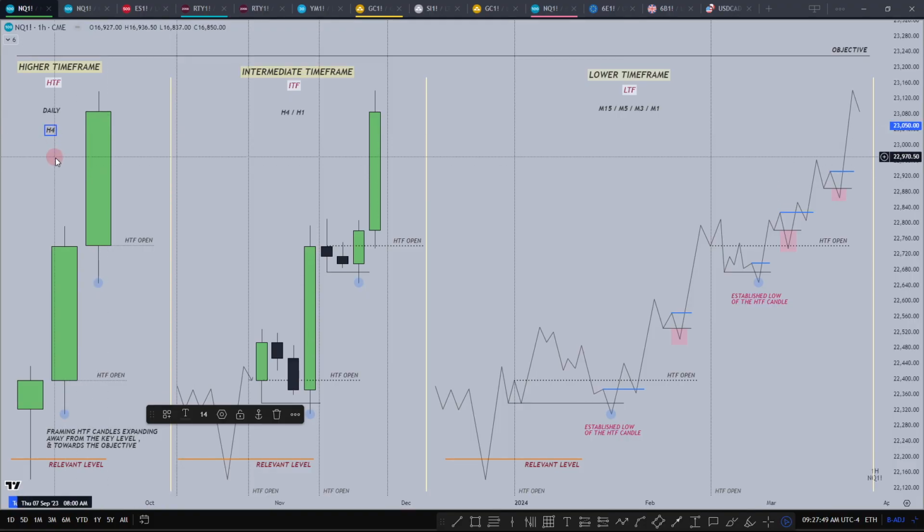So if H4 candle is what I am framing, H4 candle is my higher time frame, then what would be the intermediate time frame for H4? Time frames lower than H4, right? Could be H1, could be M30, could be M15.